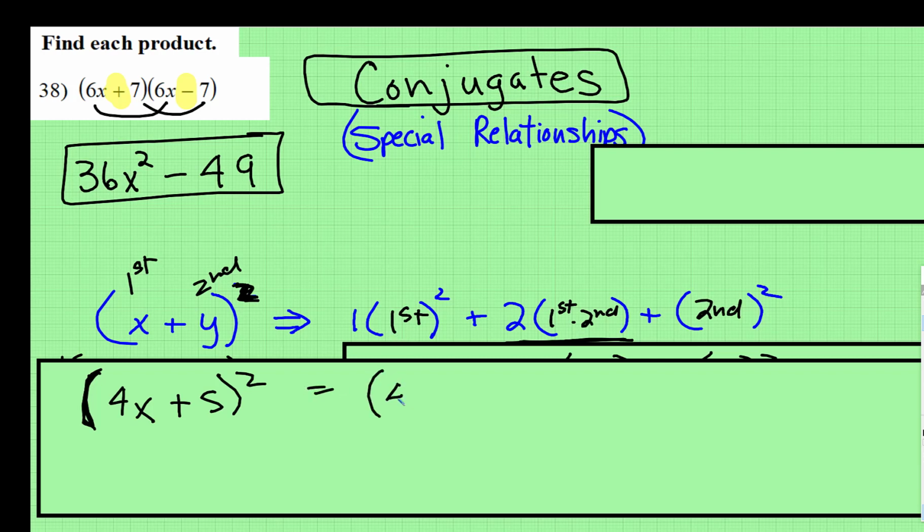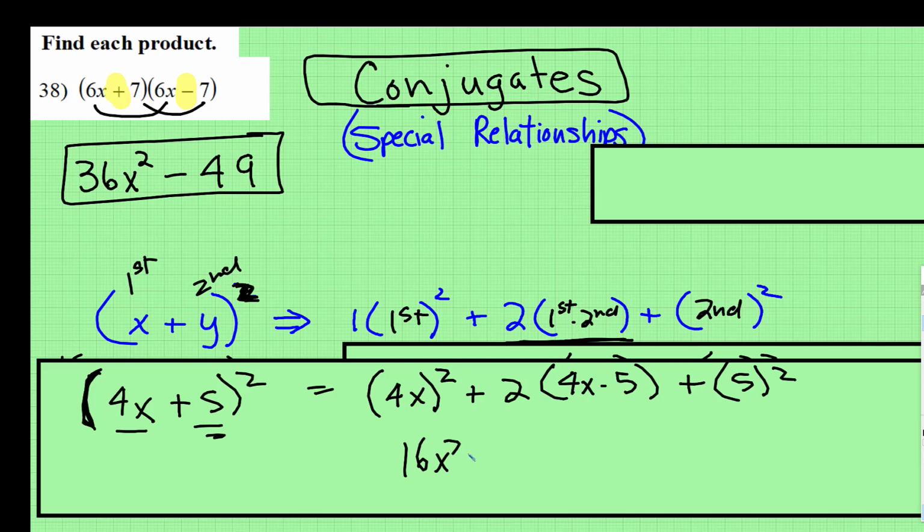So the first term is 4x squared, then it's 2 times the first times the second, so 4x times 5, plus, here's the second term, 5 squared, and then you just simplify. So 16x squared, 4x times 5 is 20x, times 2 is 40x, and 5 squared is 25.